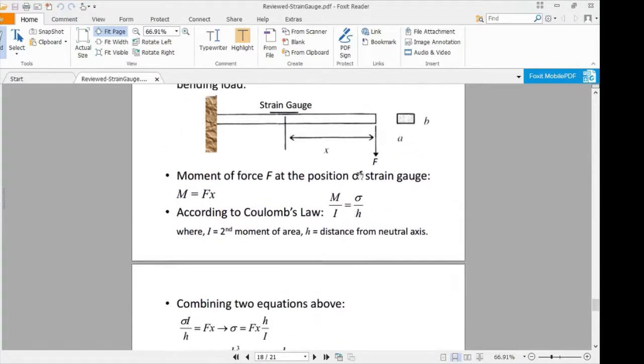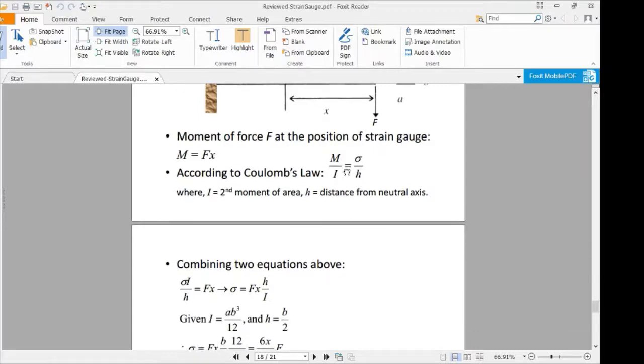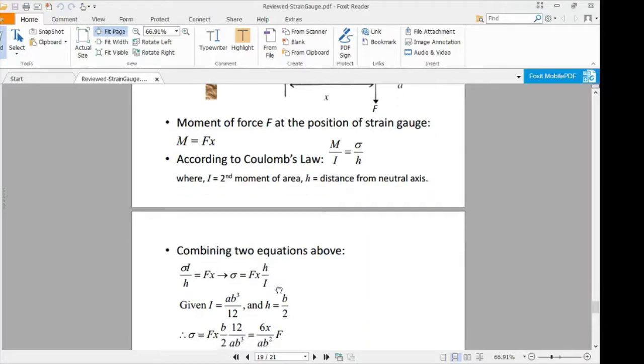And this beam has a rectangular geometry with a width of A and a thickness of B. Combining the two equations above, for the moment and Coulomb's law, we can derive that the stress is equal to Fx times h divided by I.